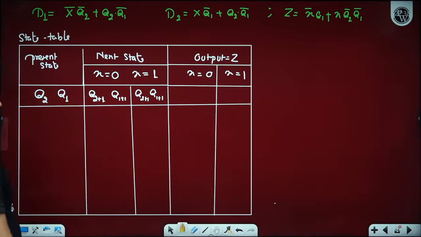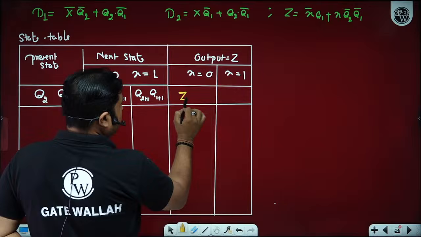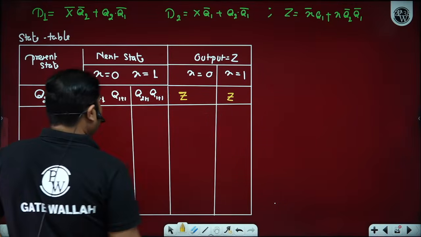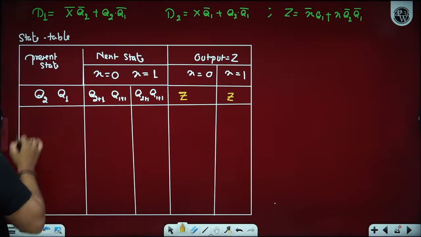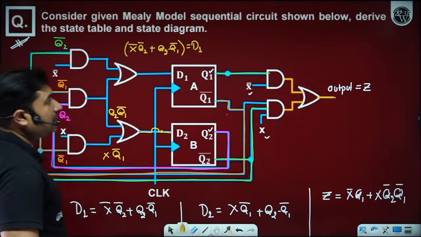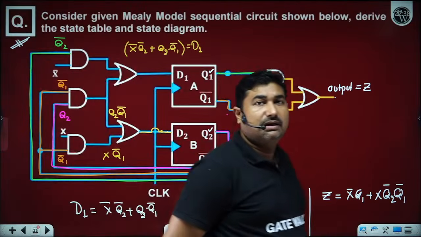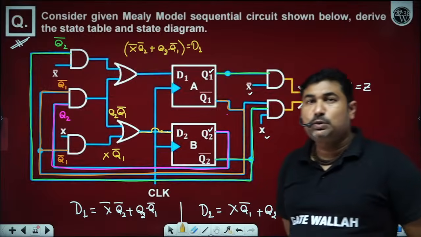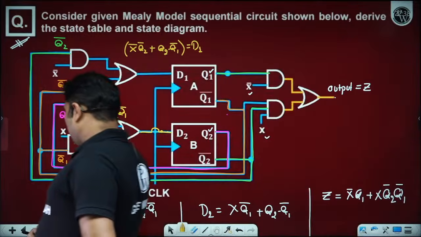Now please observe, what are the possibilities with two bits? Four possibilities.